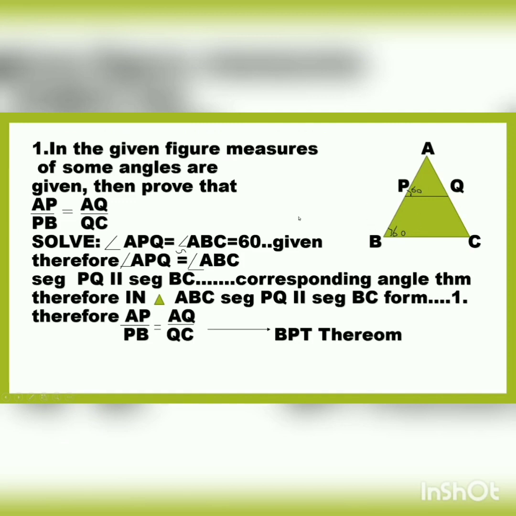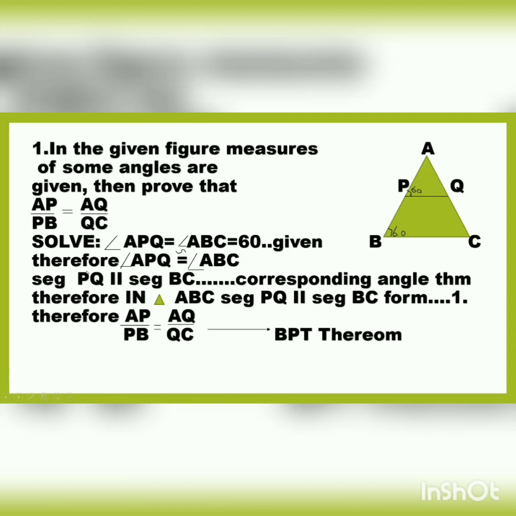From this information you have to prove AP upon PB and AQ upon QC, means you have to prove this ratio using the BPT theorem.